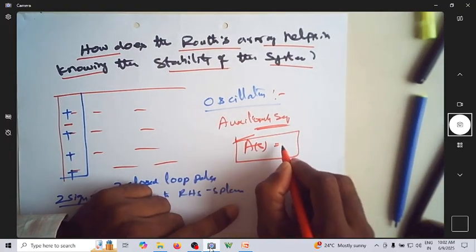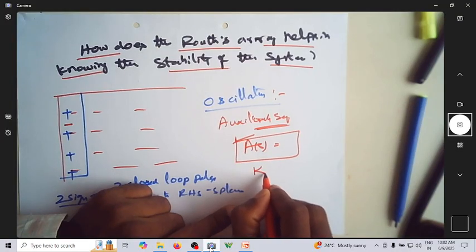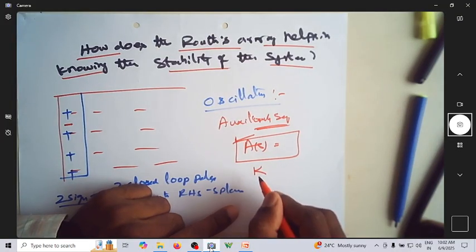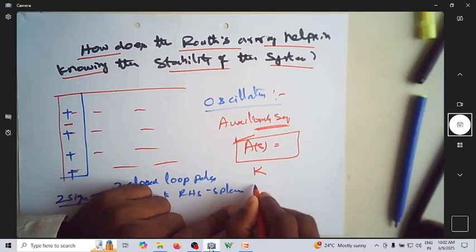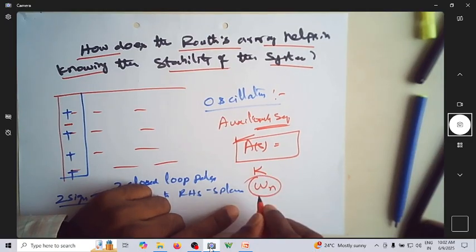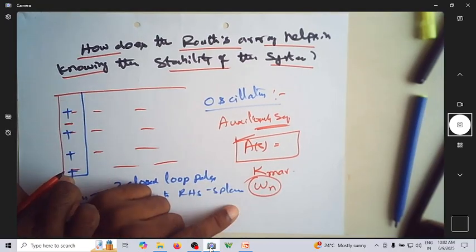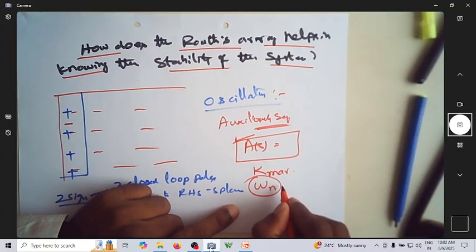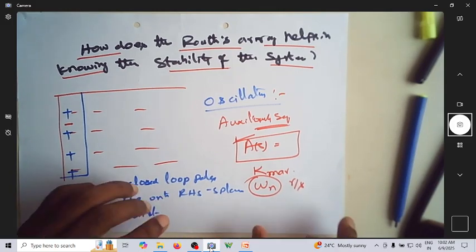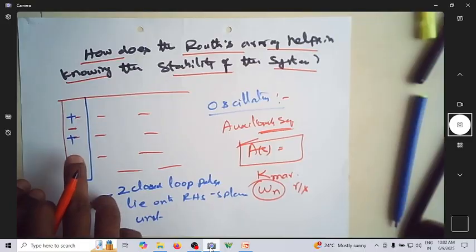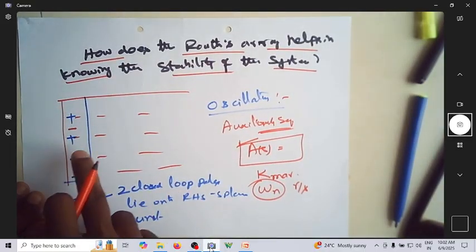It also talks about the value of K at which the system is oscillating, and it also talks about the frequency at which the system oscillates, which is nothing but omega. So you get the K margin from the Routh array. From A(s), you get to know the frequency at which you are going to oscillate. So that's about how the Routh array helps. The number of sign changes will indicate the unstable poles.